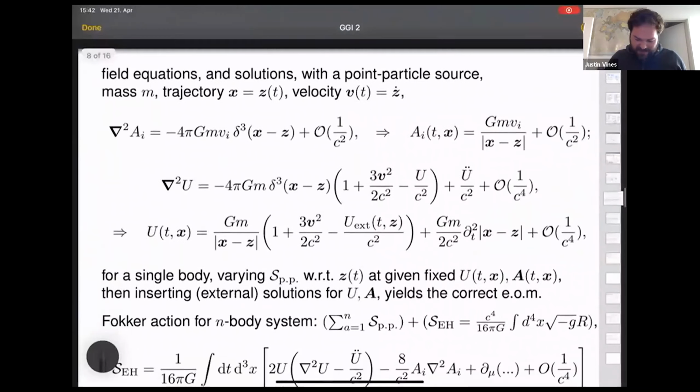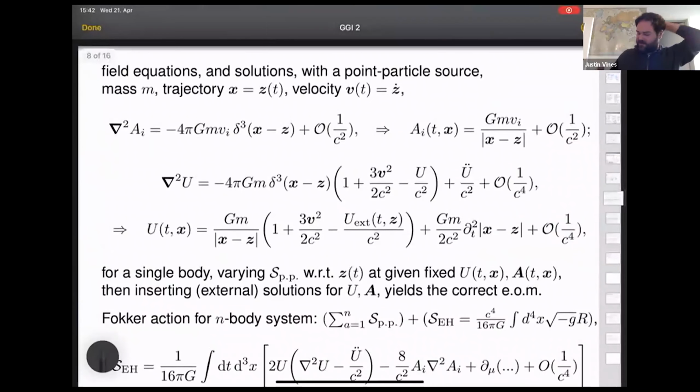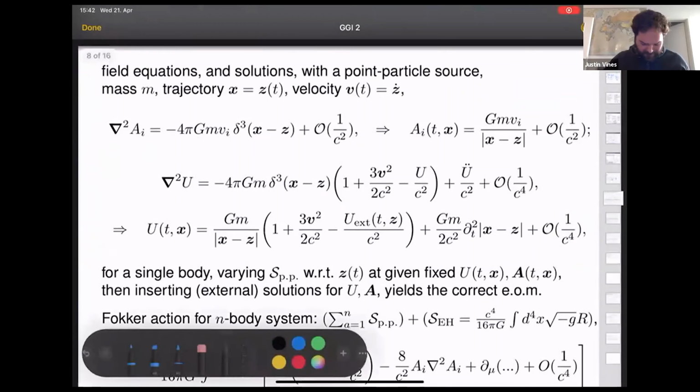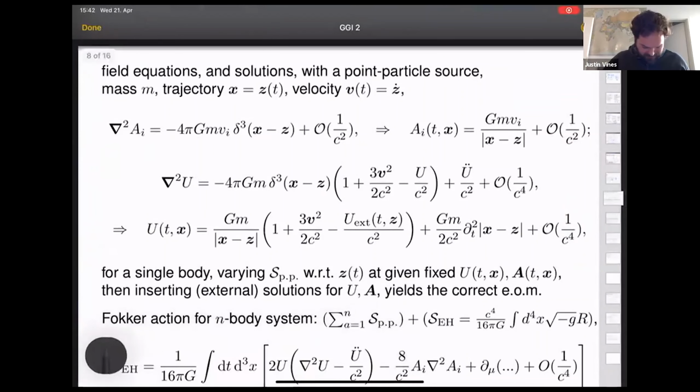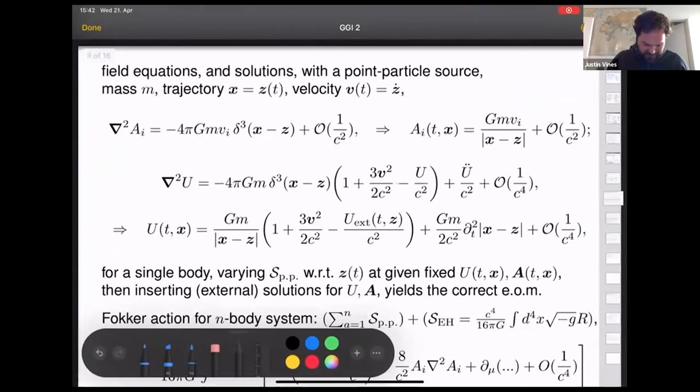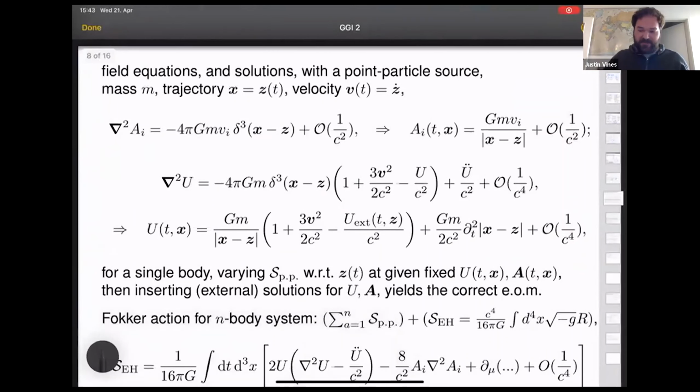Some people might take a lot of objection to that. I'm pretty sure probably not anyone here. Point particles are not supposed to make sense in general relativity. And I will come back if there's time and say something about this, but just bear with me for now.